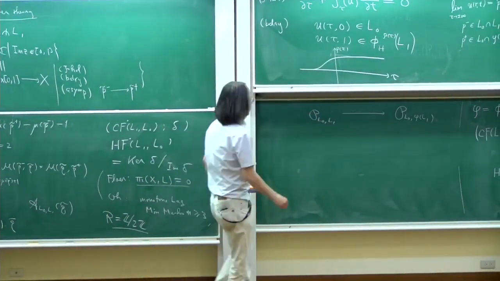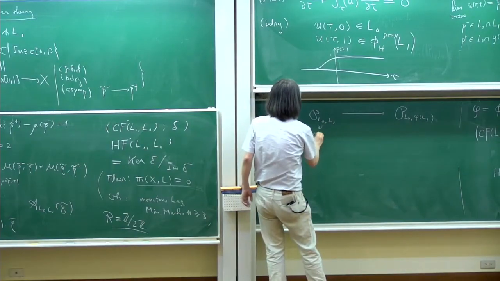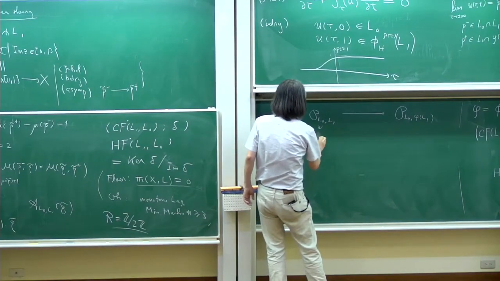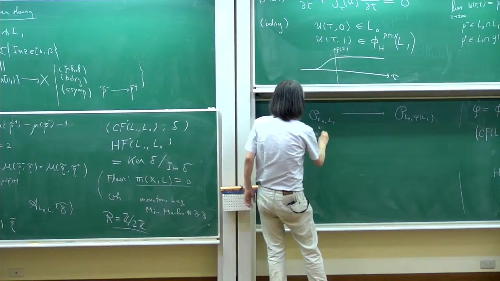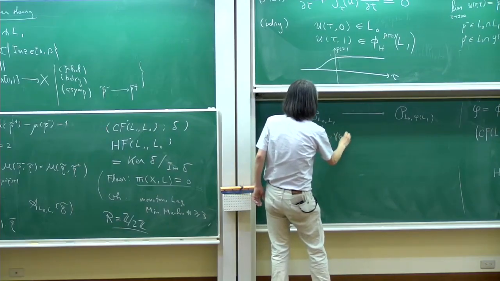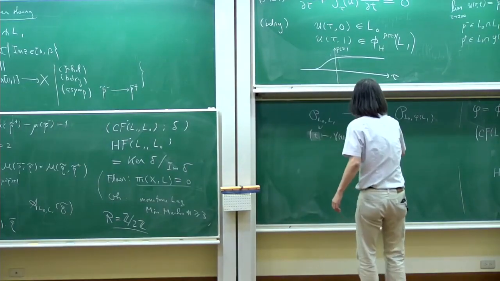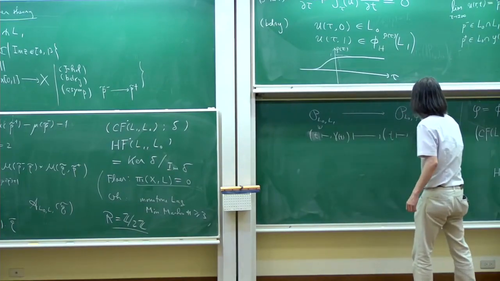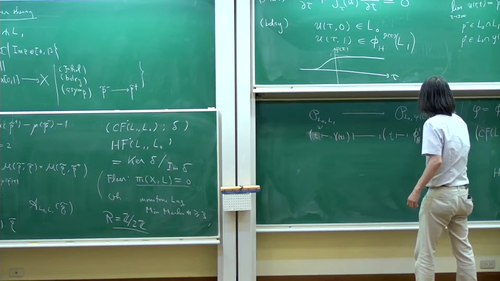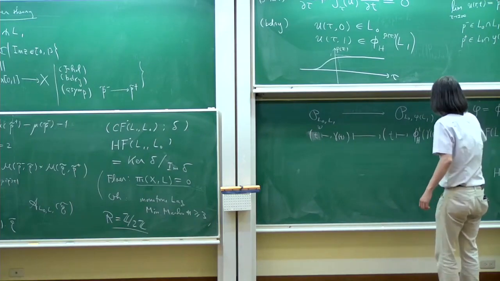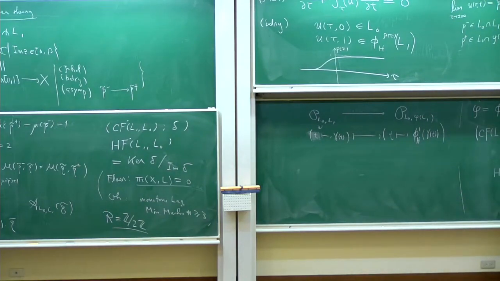So the same thing: if I have a path gamma, then I map it to t goes to phi of h of t applied to gamma of t, something like this.